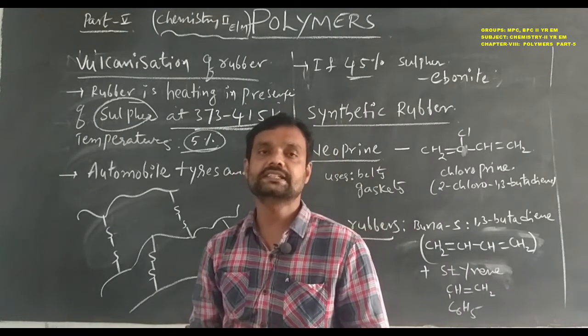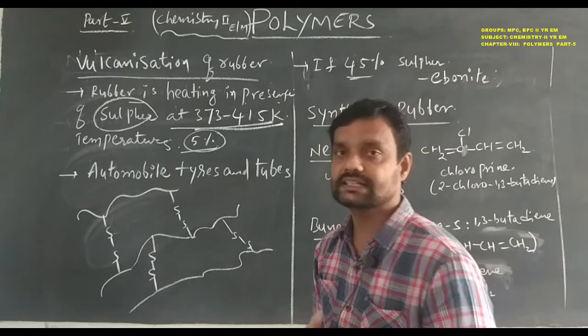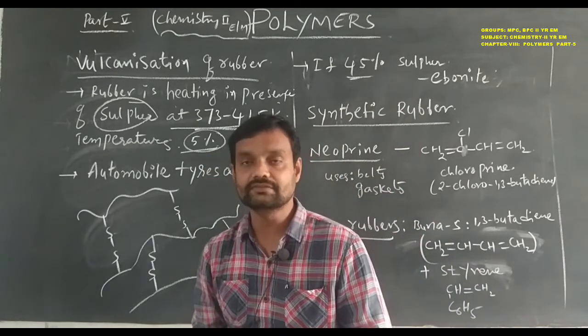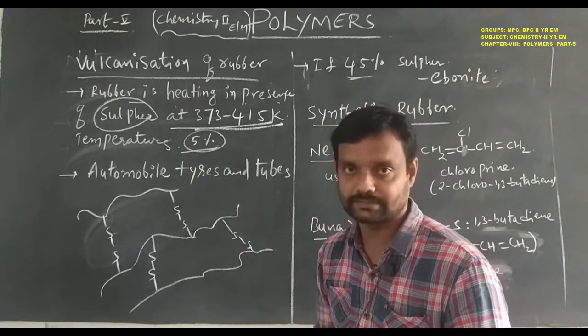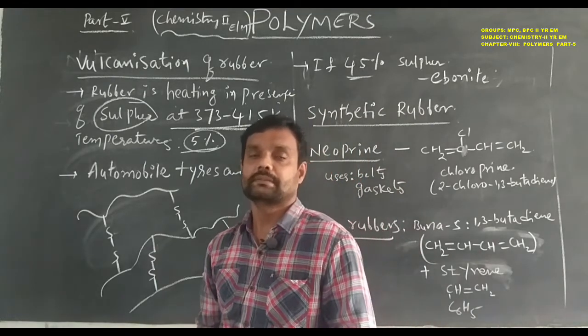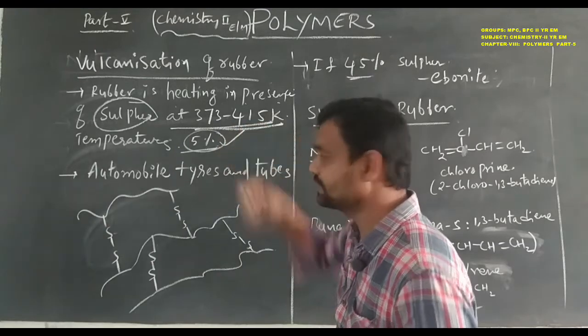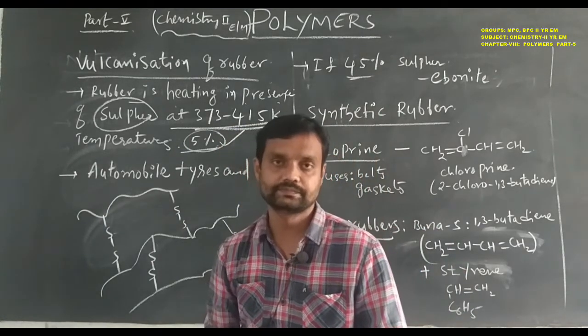Generally, 5% sulfur is added to the rubber.